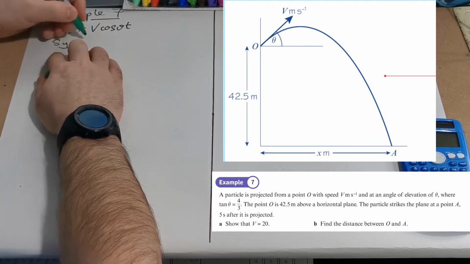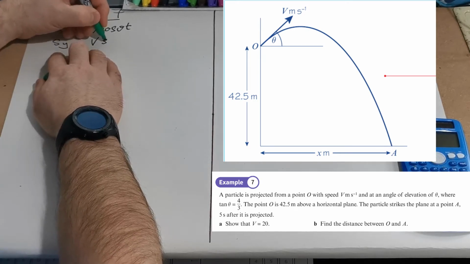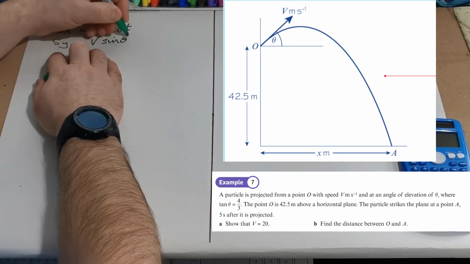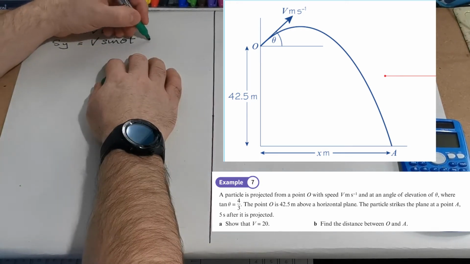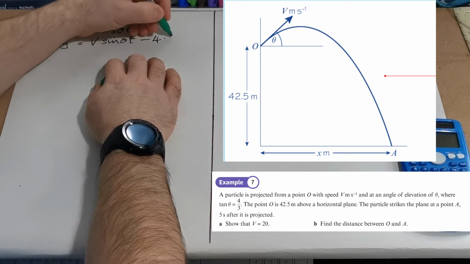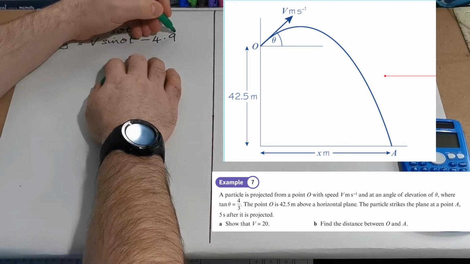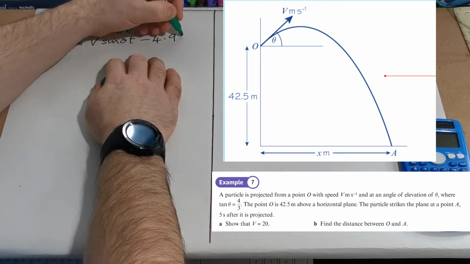Sy is going to be equal to v sine theta t minus 4.9, so that's half g t squared.